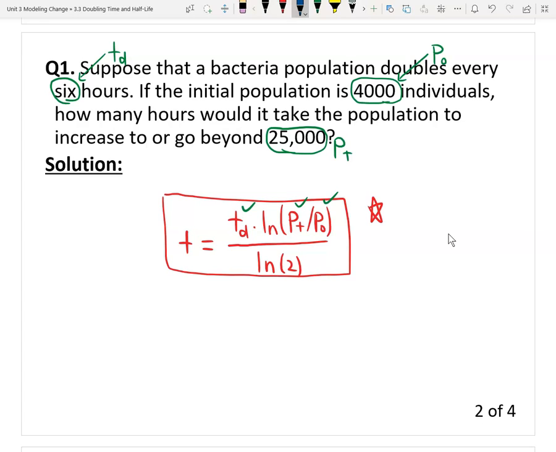So let's set up. Therefore, t equals this fraction. Td is 6 hours, times ln of the future value 25,000 over the initial 4,000. The denominator is ln of 2. ln we call the natural logarithm. Now, let me show you how to find the logarithmic functions in the calculator.